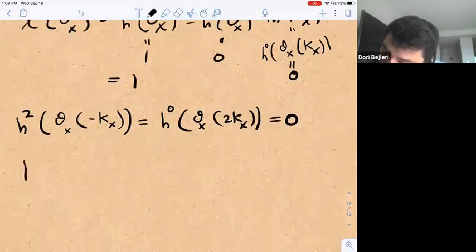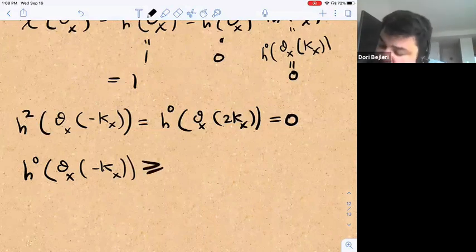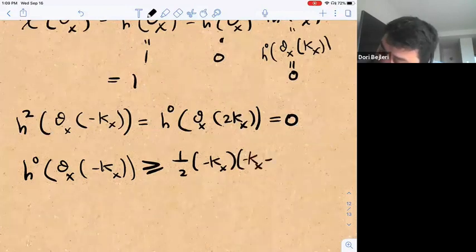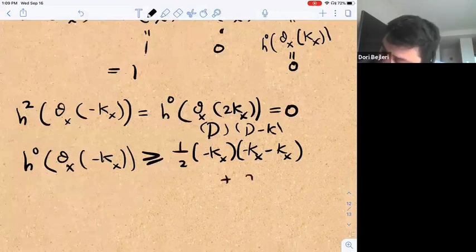So if we look at the Euler characteristic of minus KX, it has vanishing H2, so Riemann-Roch gives us an inequality. The Riemann-Roch number is 1/2 (minus KX) times (minus KX minus KX). So it's supposed to be D and D minus K. It appears in Riemann-Roch, and here D is minus K, plus the Euler characteristic of O, which we just checked is 1.